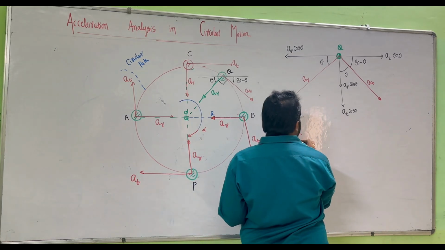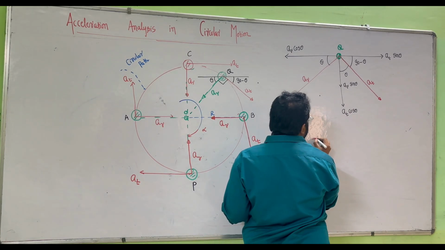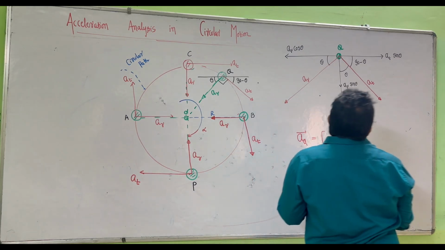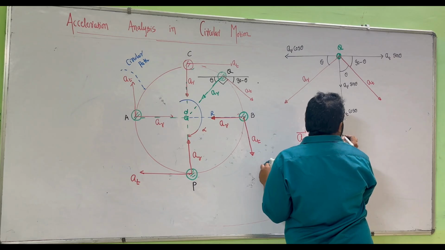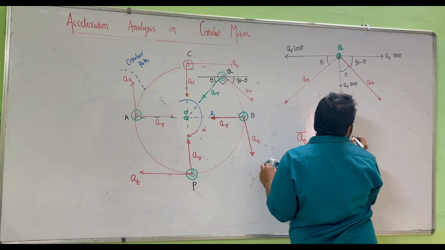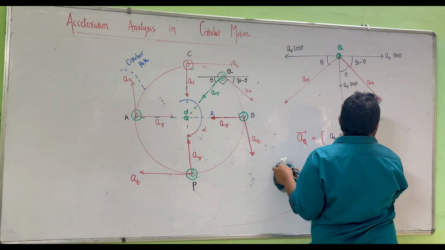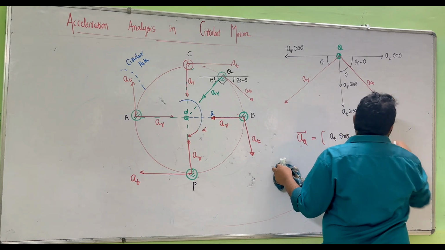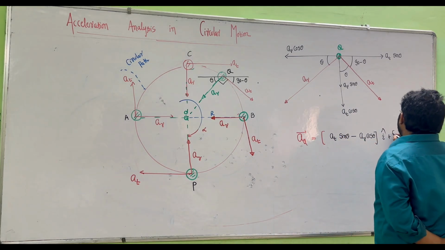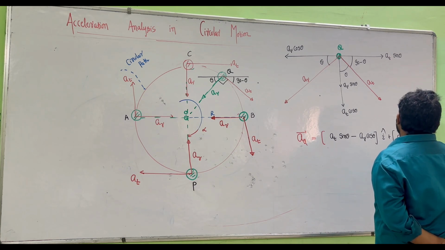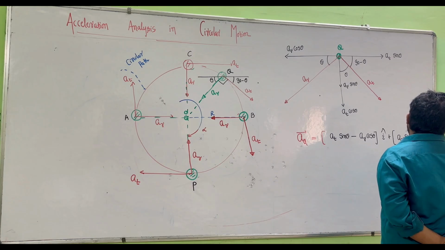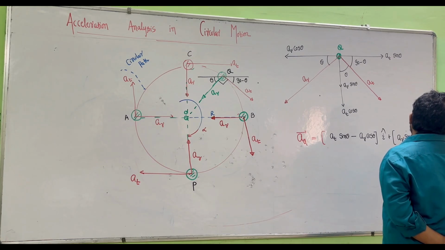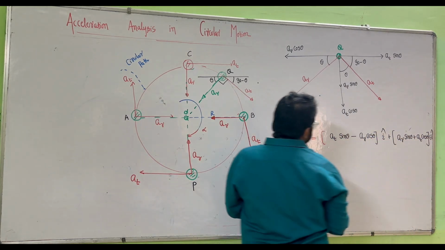What is AQ bar? Tell me. AQ bar equals (AT sin theta minus AR cos theta) i cap plus (AR sin theta plus AT cos theta) j cap. Clear?